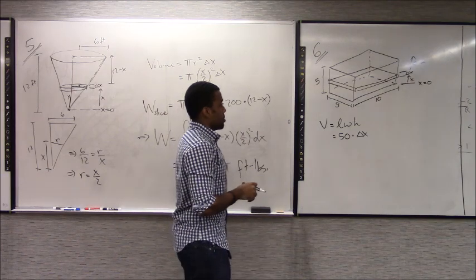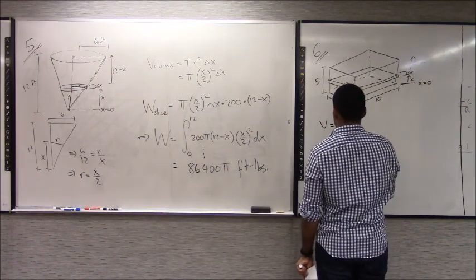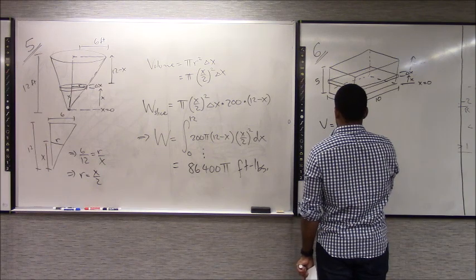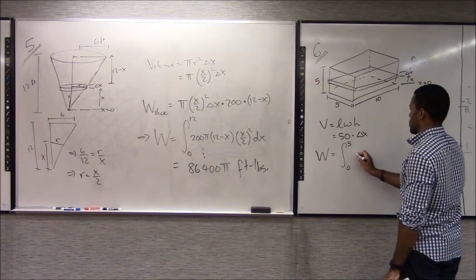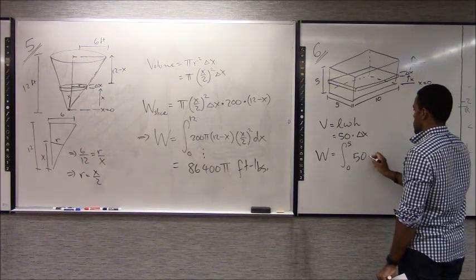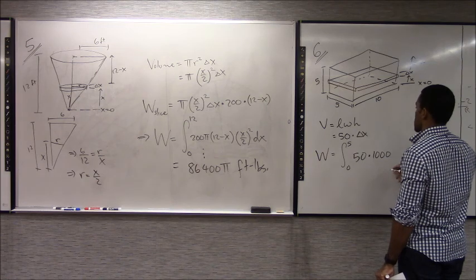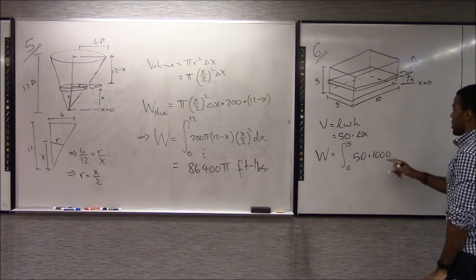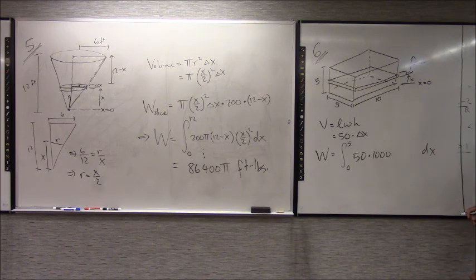Okay. And then from there, we set up our integral, so W is equal to the integral from 5 to 0 of 50 times 1,000 times 5 minus x, delta x. So the 50 delta x, which is the 50 dx, is going to be the volume.